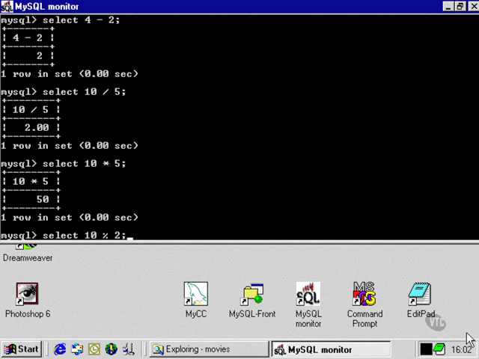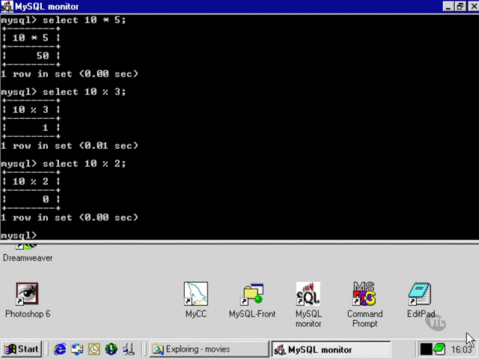So 10 doesn't go exactly, for instance, into 3, so whatever's left over is passed back as the answer to that particular statement. In this case, 1, because although 10 doesn't go into 3, 3 threes are 9, and then 1 is left over. Whereas, for instance, if we said 10 modulo 2, because 10 is a multiple of 2, we get 0 as a result.